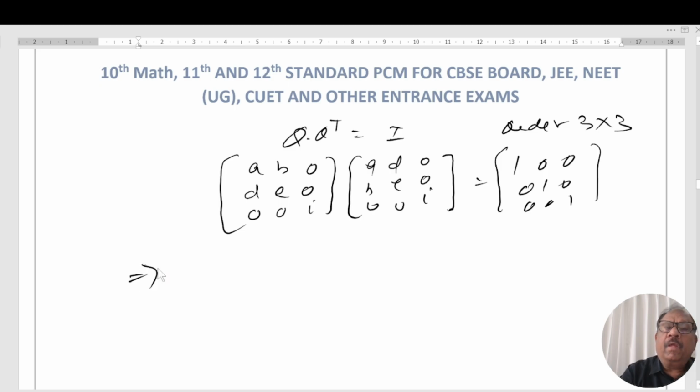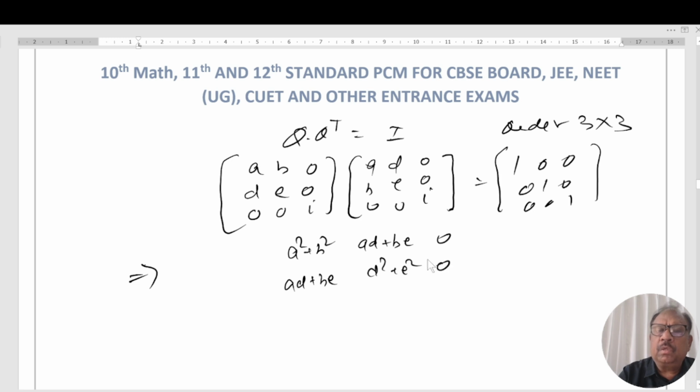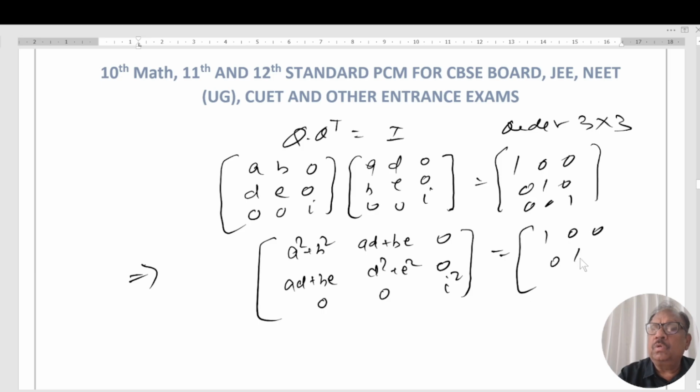On expanding and multiplying, the entries are A squared plus B squared, AD plus BE, D squared plus E squared, and I squared. On simplification this equals the identity matrix.